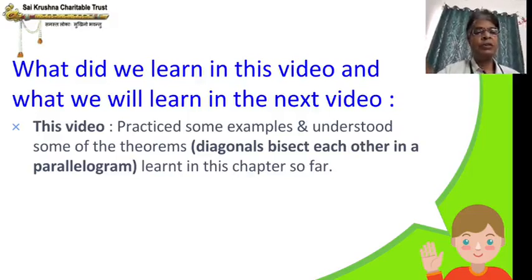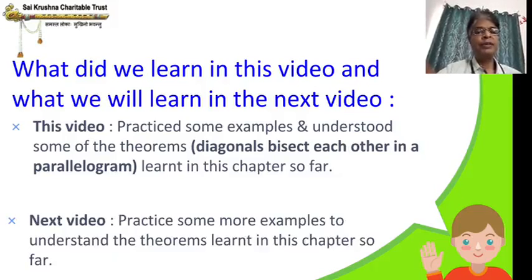Besides, we have also practiced some theorems of triangles, like the exterior angle, lines and angles, and the converse of alternate interior angles. But in these examples, I will be writing only the parallelogram theorems which we have proved in this chapter. Again, the next video is going to be similar, with some other examples.